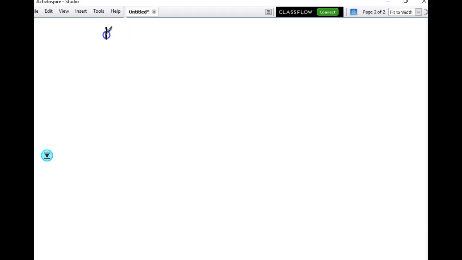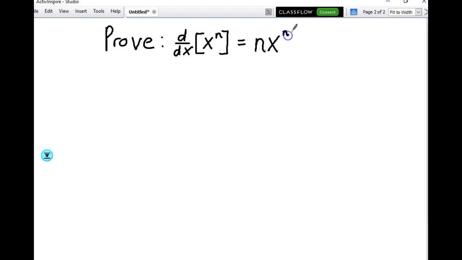So I want to prove, once again, that the derivative with respect to x of x to the nth power is n times x to the n minus 1.